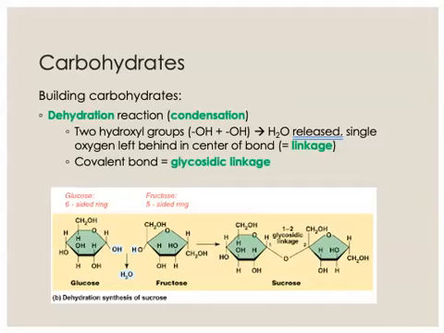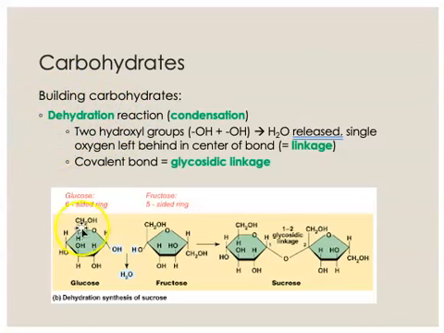When carbohydrates are built in the cell, the general type of chemical reaction that does this work is called a dehydration reaction. The other term that you'll read in reference books is condensation reaction. I tend to use the term dehydration myself.